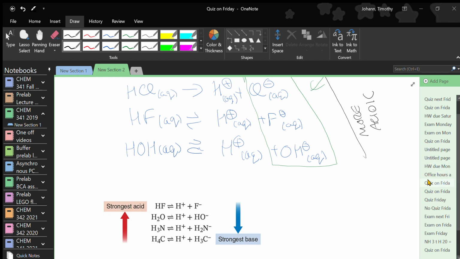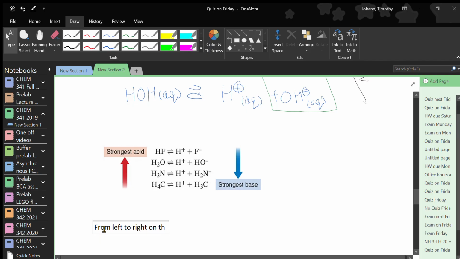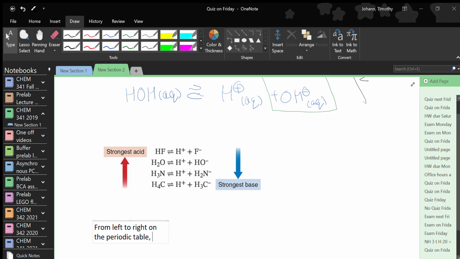What's going on there? From left to right on the periodic table, the effective nuclear charge is increasing.